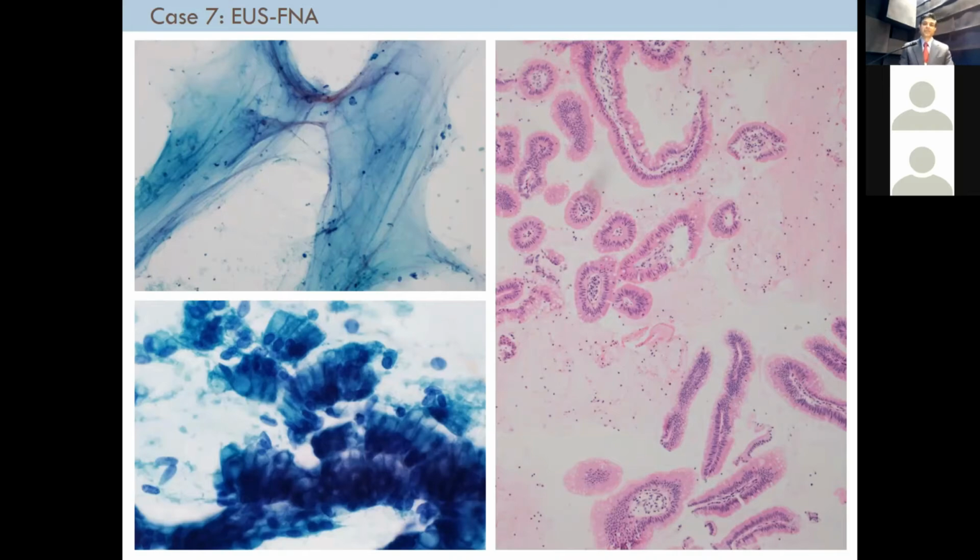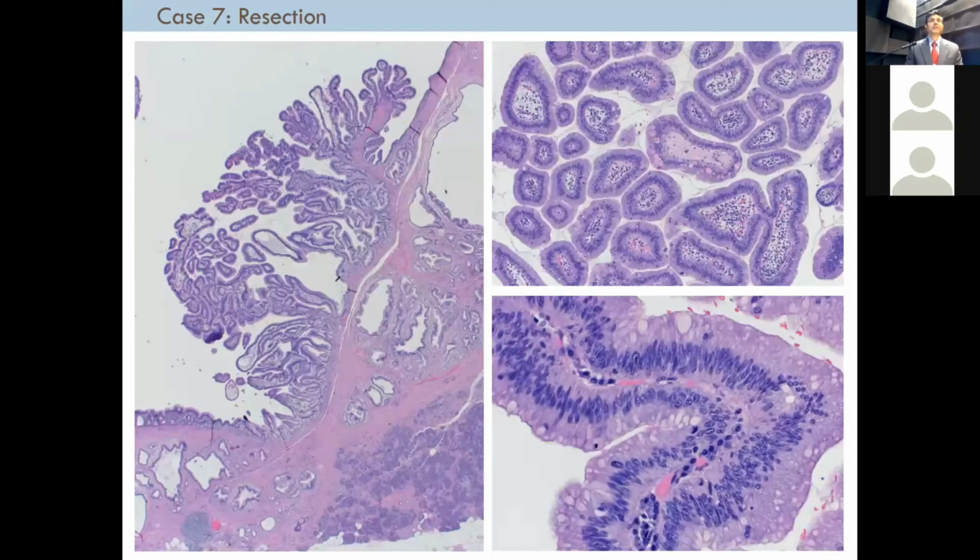So this case was signed out as mucinous neoplasm with low-grade dysplasia, most consistent with intraductal papillary mucinous neoplasm, or IPMN. The patient underwent resection, which confirmed the diagnosis made on cytology. This is the section of a duct which shows this papillary neoplasm forming papillary fronds.